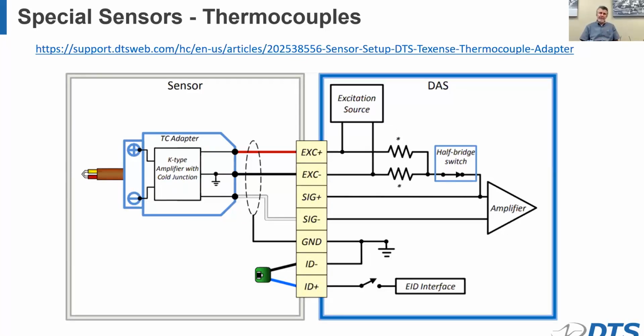We have a very detailed article on our Help Center. There's a link here in this slide, but if you literally go to the Help Center and type in thermocouple, you'll find the data sheet for the thermocouple adapter. You'll find the setup recommendations for thermocouples.